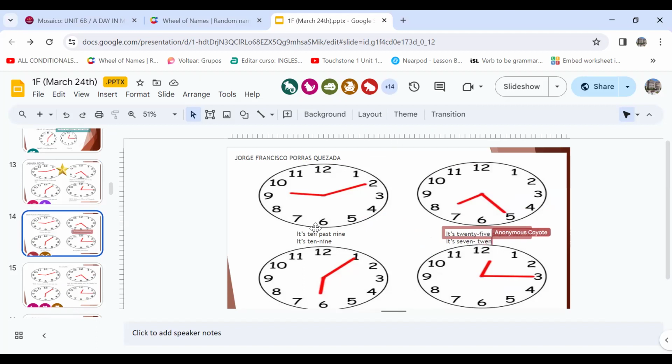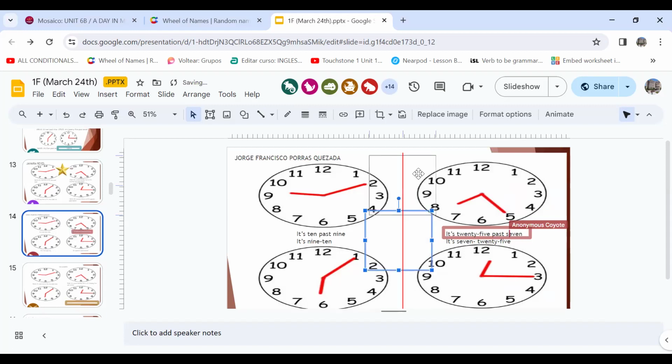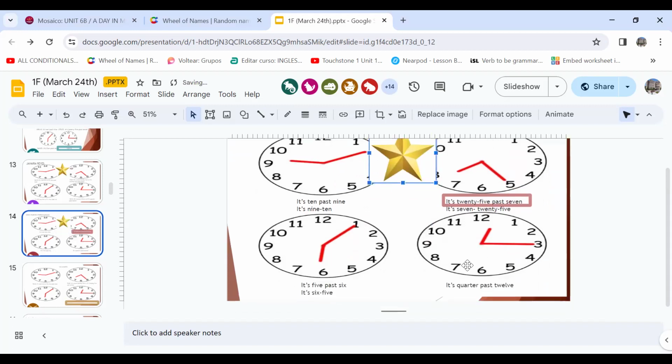10:09, no. A ver, Jorge. 10 past 9 is correct. En la segunda, si va a hacer ese formato, sería, ajá. 7:25, yes. It's 6:05, yeah.